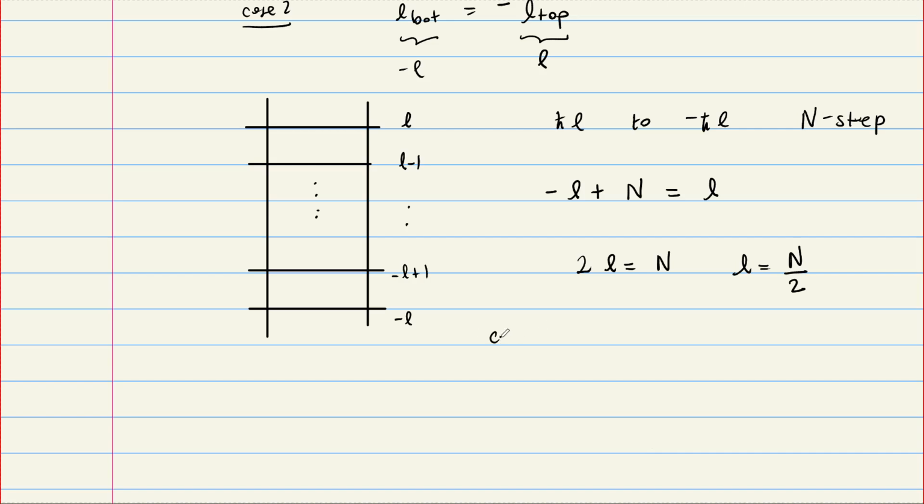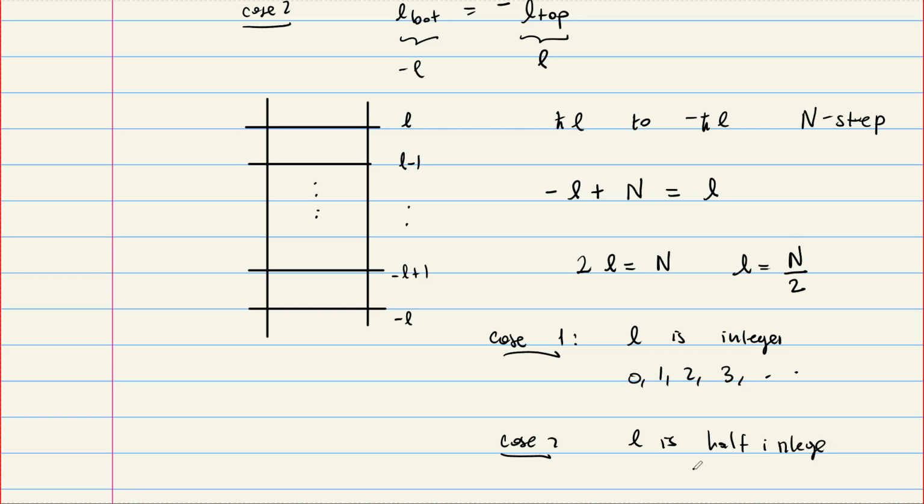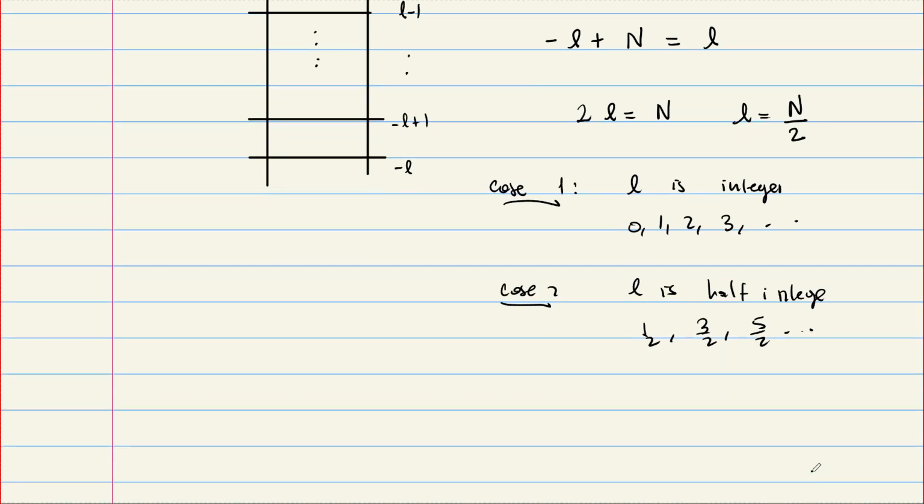Therefore, there are two cases. Case 1, L is integer, right? This n can be 0, 1, 2, 3, dot, dot, dot. Or case 2, if n is odd, L is half integer. So this is going to be 1 half, 3 half, 5 half, dot, dot, dot, because n is itself an integer.